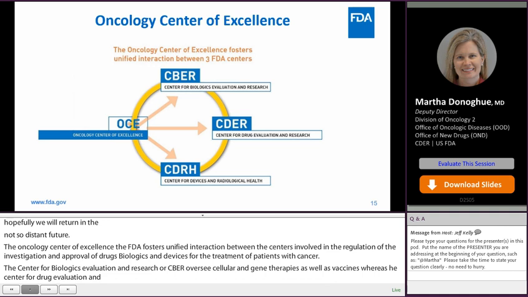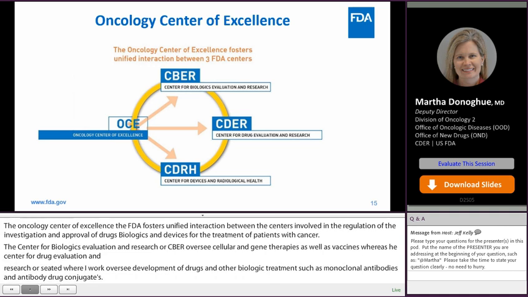The Center for Devices and Radiological Health, or CDRH, oversees the development of therapeutic devices as well as companion diagnostic tests typically used for the selection of patients for molecularly directed targeted treatments.